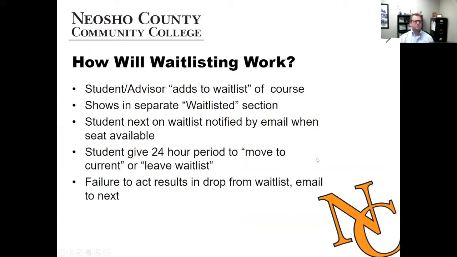So how will waitlisting work? First, the student or the advisor working together is going to add a course to the waitlist. I'll share some screenshots as we get farther along here. This is just an intro slide. So they add to a waitlist of the course. It will then show in a separate waitlisted section. Once that has taken place, a student who is next on the waitlist will be notified when a spot has been made available in the course.